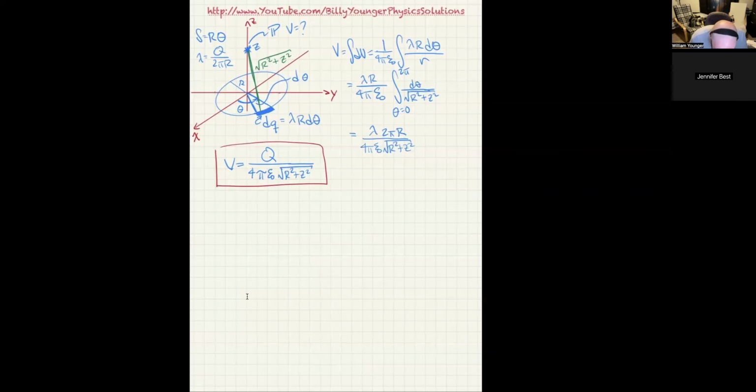We're going to say that based on that principle, E, the electric field, is equal to the negative gradient of V. Now remember, we could also say F is equal to the negative gradient of U, and that would work fine, but it turns out that we like working in the voltage world better than the potential energy world.